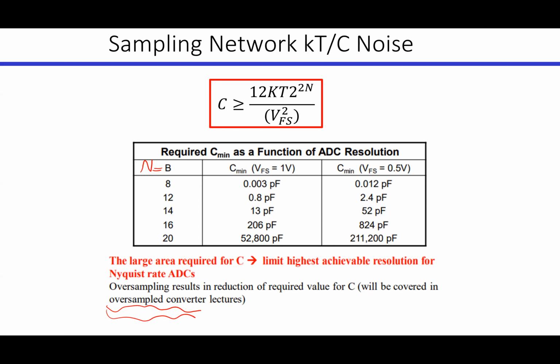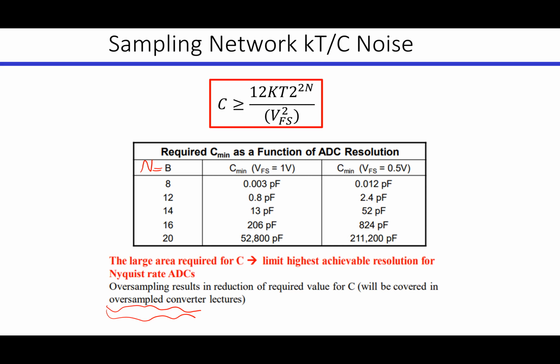Let's call it a sheet capacitor that has a certain capacitance value per width and length. If you want that large a value of capacitor, you need to integrate all of these together to achieve the value you're aiming for. So if you go for very large capacitors, more than, let's say, 10 pico, that requires a lot of area.